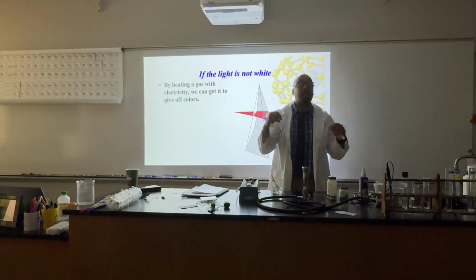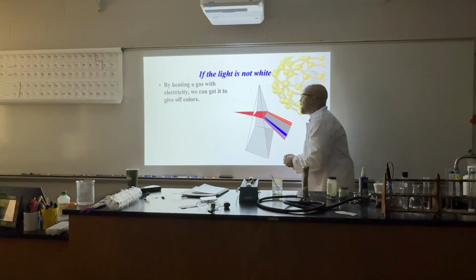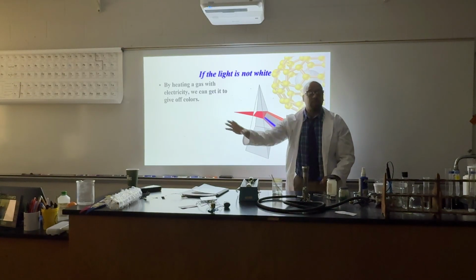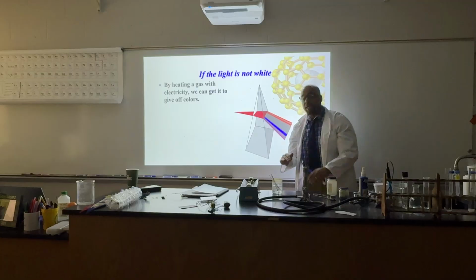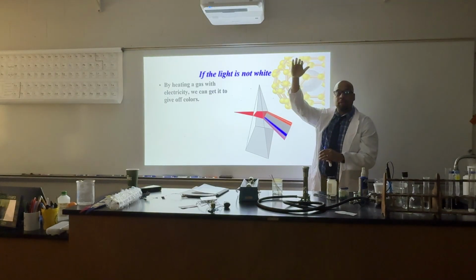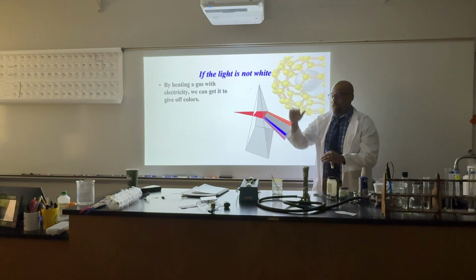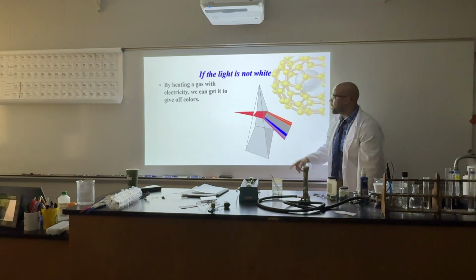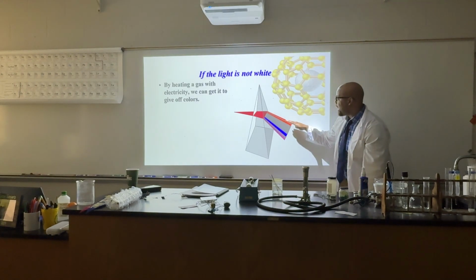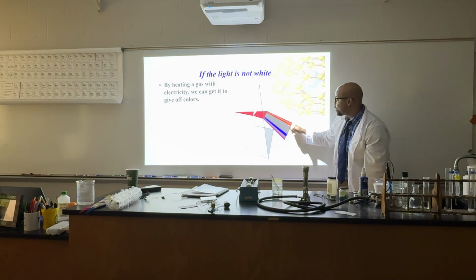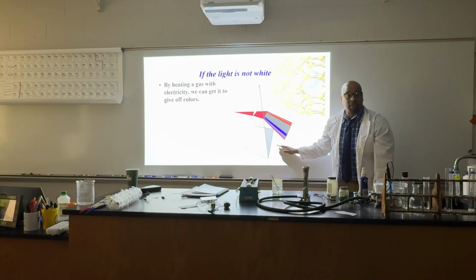So it'll jump up and become excited. And when it jumps back down, it's going to say, here goes a photon of color. Another electron might say, well, I'm jumping up a little bit higher because I got that quantum energy. Jump down, I'll shoot out a photon. But if you look at an element, you might get one element that's pushing out 1, 2, 3, 4, 5, 6 different photons.